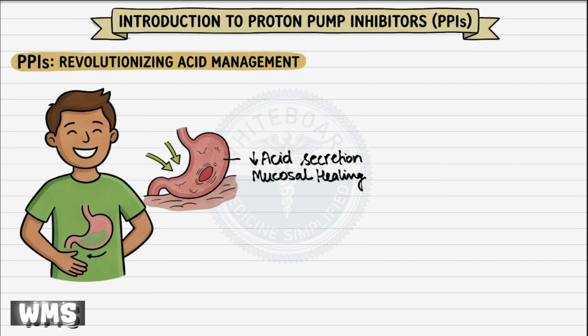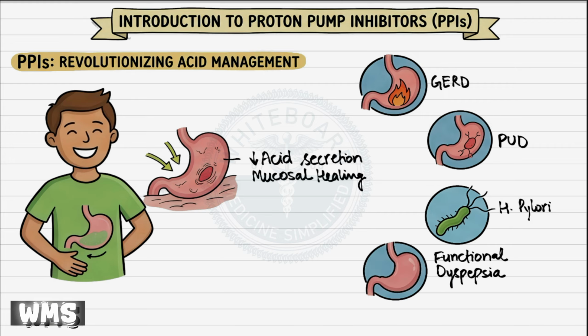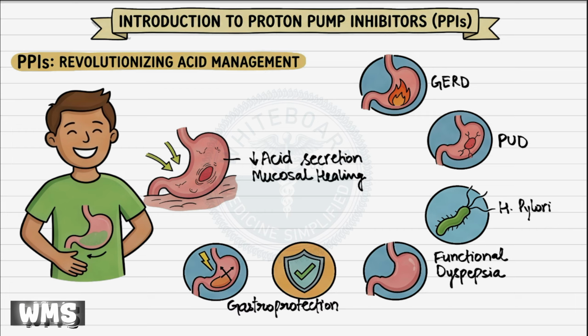As a result, PPIs are widely used in conditions such as gastroesophageal reflux disease, peptic ulcer disease, Helicobacter pylori eradication therapy, functional dyspepsia, and gastroprotection in high-risk patients taking medications like NSAIDs or antiplatelet drugs.